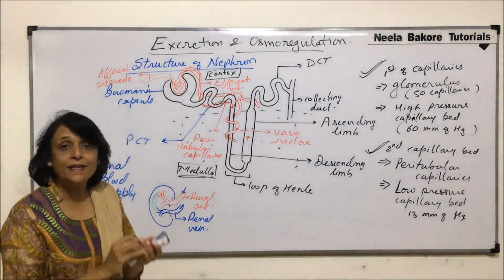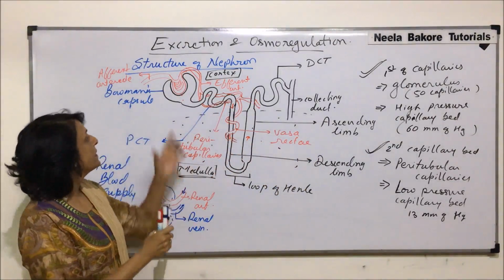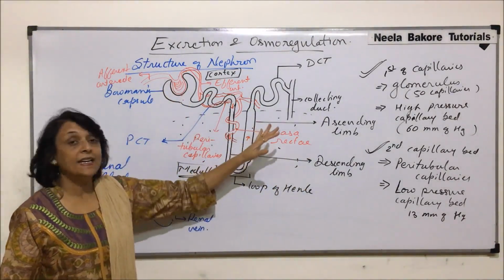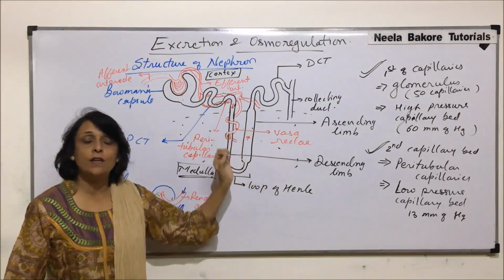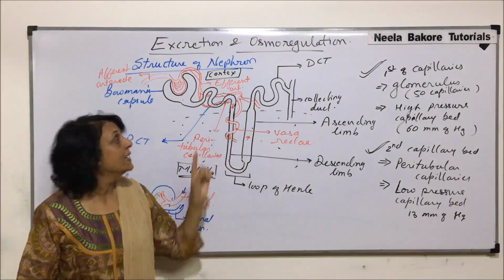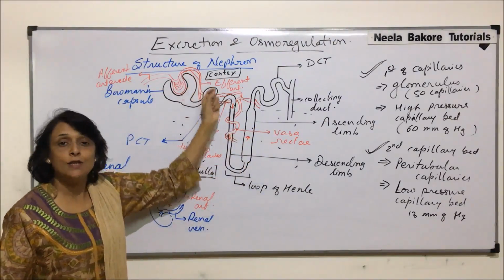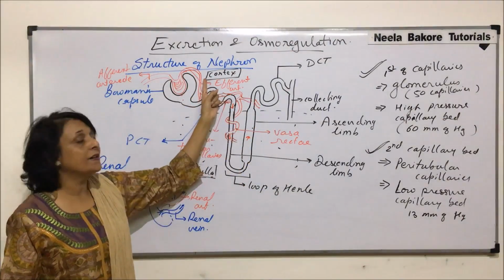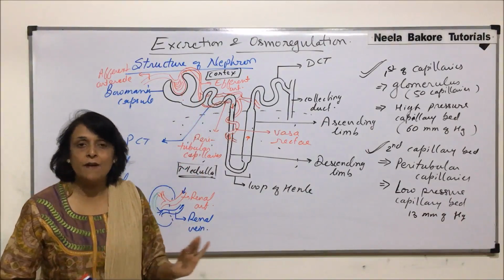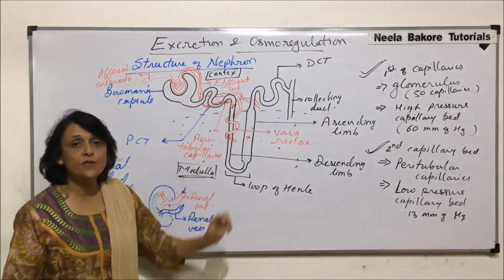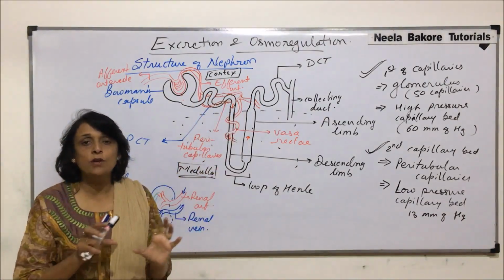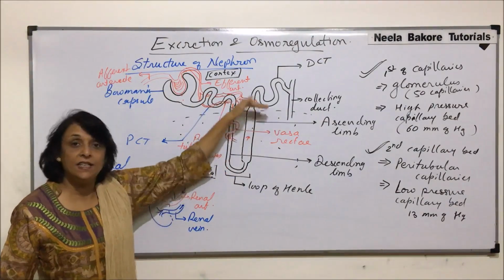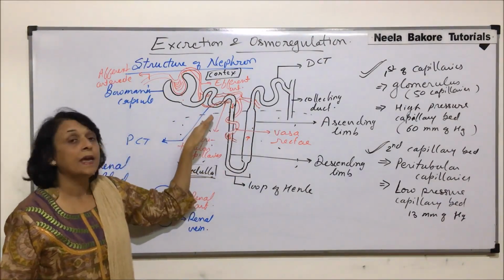So what has happened is, in the normal case, the glomerulus is formed, which is the first set of capillaries. It is at a higher pressure, so we call it a high pressure capillary bed. The efferent arteriole takes the blood out of the glomerulus. This efferent arteriole divides into very fine capillaries, and these fine capillaries surround the tubular part, especially the PCT and DCT, which is in the cortex region.